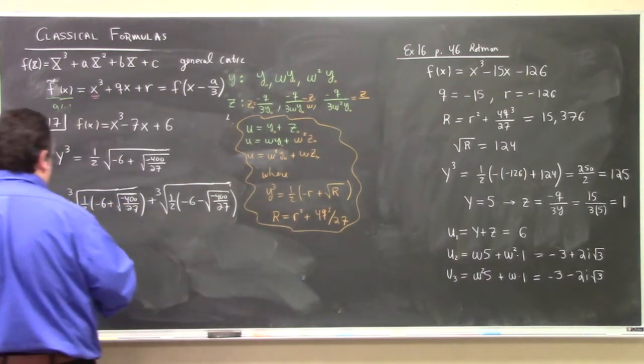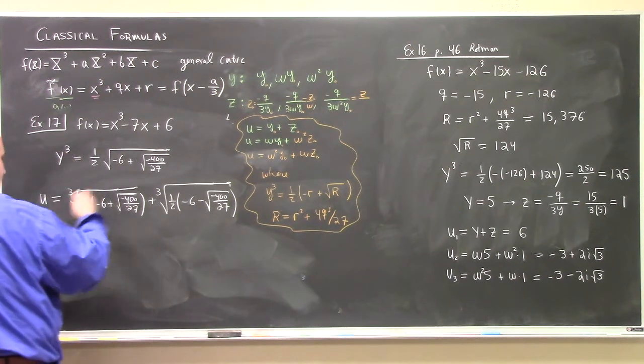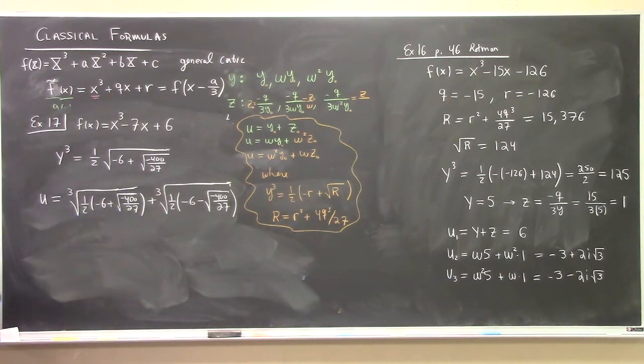All right, if we went through, you figure out what the q is, and you can see what the q is, minus 7, right? And the little r is 6 here. And so this is the y plus z thing.